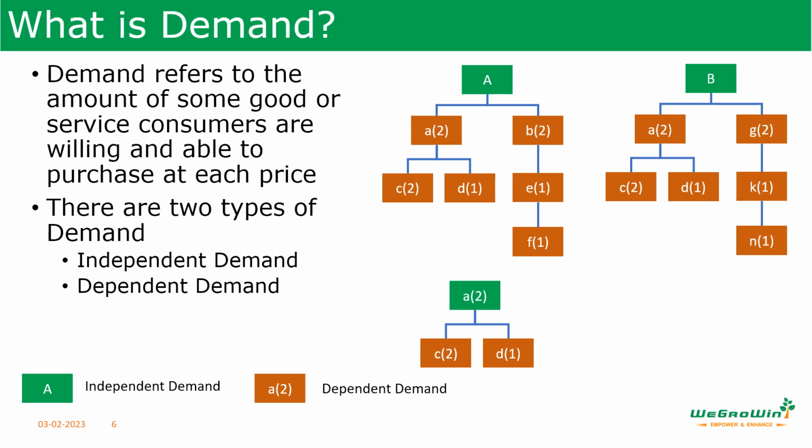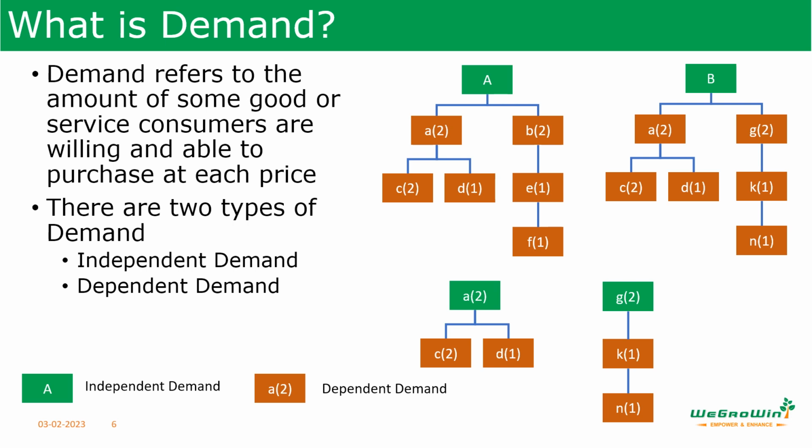Now we have the small letter a, which earlier was a dependent demand for the product capital letter A, but now it is becoming independent because that is required in the market. So it is used in the product, and it is also used in the market. So that is an independent demand in this structure. Similarly, G is also required in the market for some requirement. So that is independent demand.